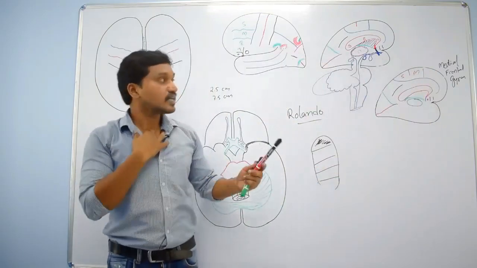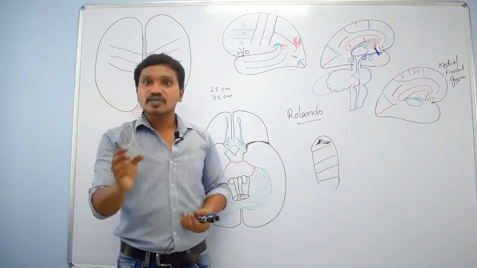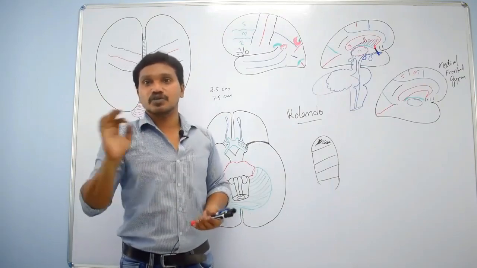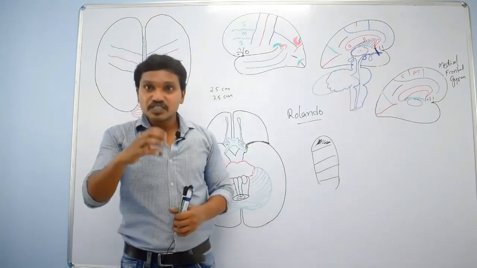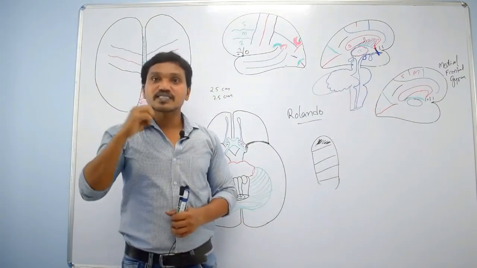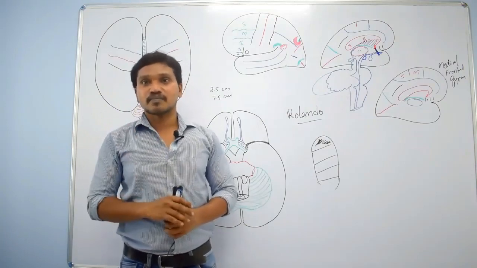This anterior part of the paracentral lobule controls defecation and micturition, and the posterior sensory part receives the sensations of distension of the urinary bladder and rectum, right?